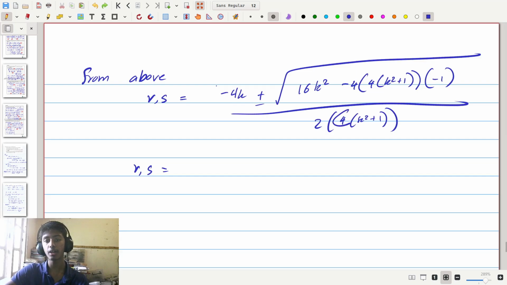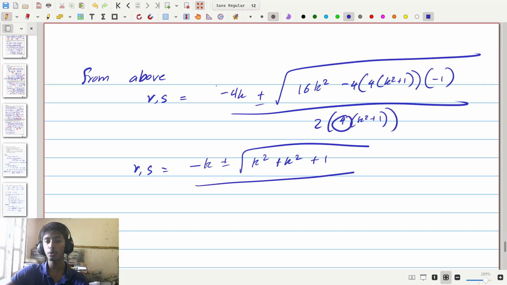So if we divide this by 4, and take it into the square root, we are going to get minus k plus or minus the square root of k squared, and then if we simplify everything else, this minus and minus cancel and give us a plus. This 4 and this 4 go, which leaves us with k squared plus 1. So we have plus k squared plus 1, divided by 4 being gone, so we have 2 times k squared plus 1, which is 2k squared plus 2.